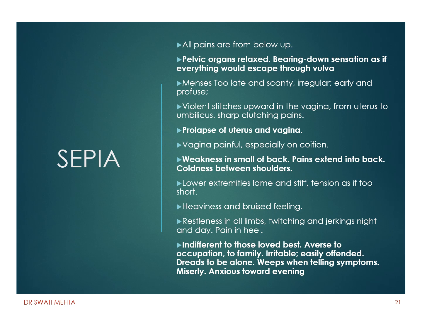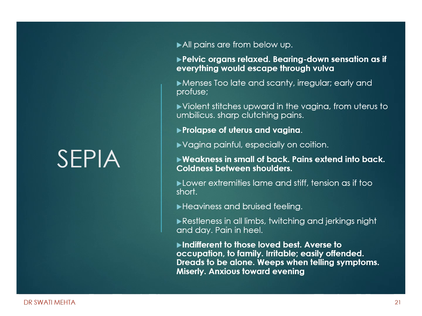Irregular menses. There is weakness in the small of the back, pain extending into the back, and menses too late and scanty, or irregular, early and profuse. Lower extremities are stiff and tense as if too short. Heaviness and bluish feeling.